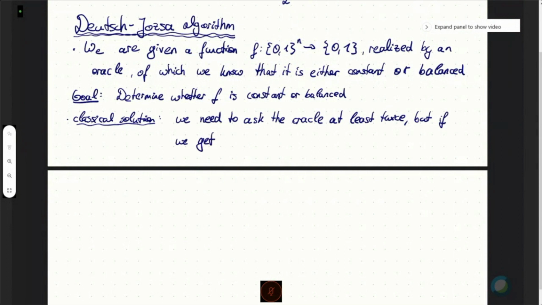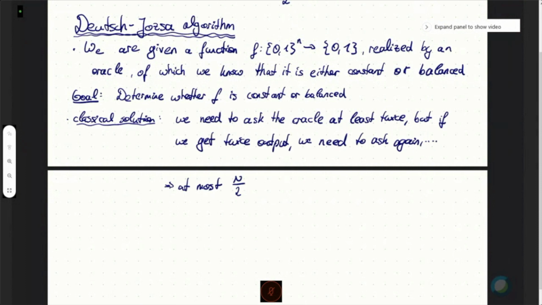And we might need to ask it in total up to N over 2 plus 1 times. So if we get the same output twice, we need to ask again, and so on. At most, which always happens in the case where it's constant, we cannot know whether it's constant or not.